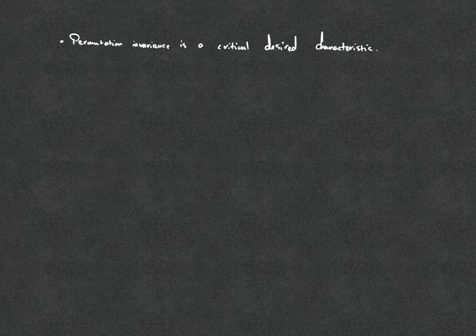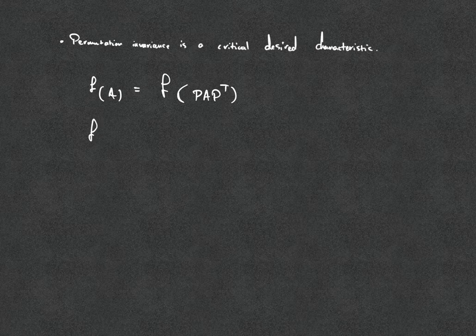Now, when it comes to processing graphs and associating features with graphs, permutation invariance is a critical desired characteristic. In mathematical terms, it means that if you have a function f that takes the adjacency matrix A, for any permutation p, you must have this being equal to this. And if it is not the case, you want to have permutation equivariance, which means this.